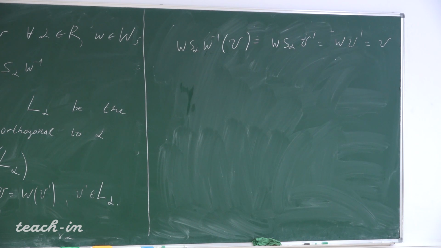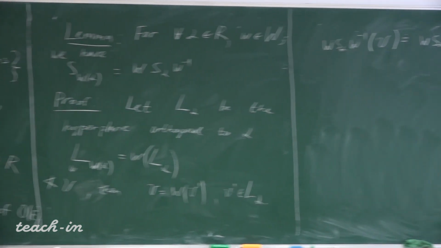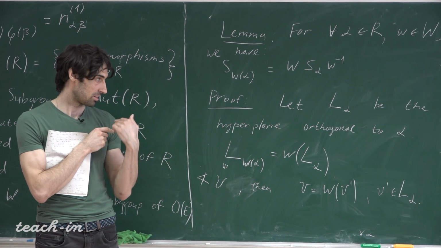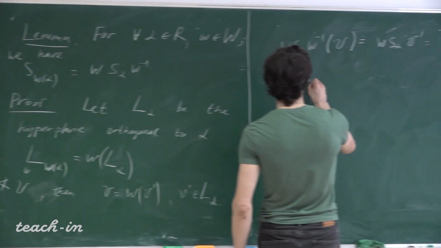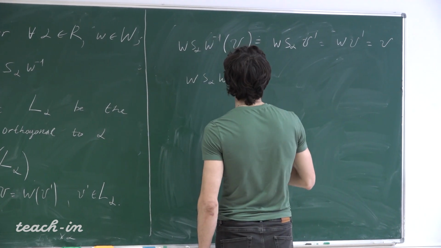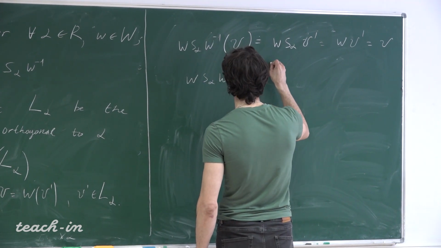The next check is that I take this element and apply it, not to alpha, but to W alpha. I would like to see that the result is the negative of what I started with. So it takes W alpha and gives me the opposite. So the check is the following. I take this, apply it to W alpha.